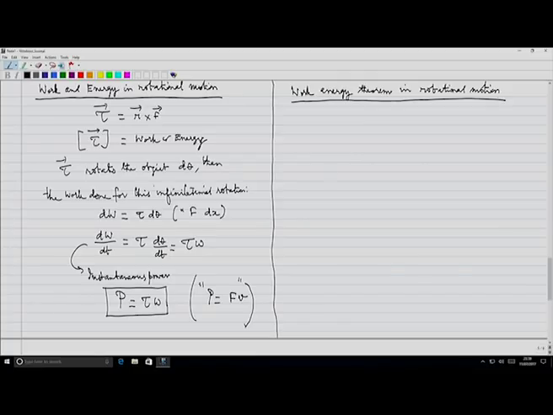So where shall we start? We start with tau is proportional to alpha, with constant of proportionality I. This is the basic equation.